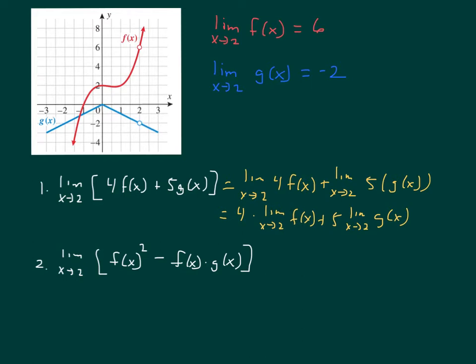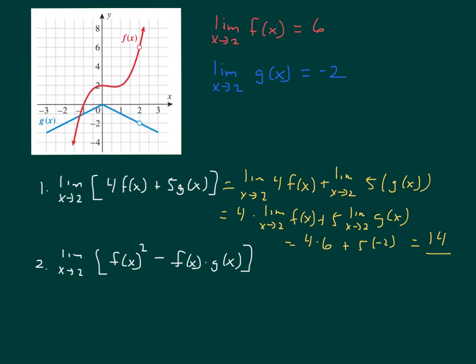So this is going to equal 4 times 6 plus 5 times -2, which comes out to be 14. So the limit as x approaches 2 of 4 times f of x plus 5 times g of x is going to be 14.